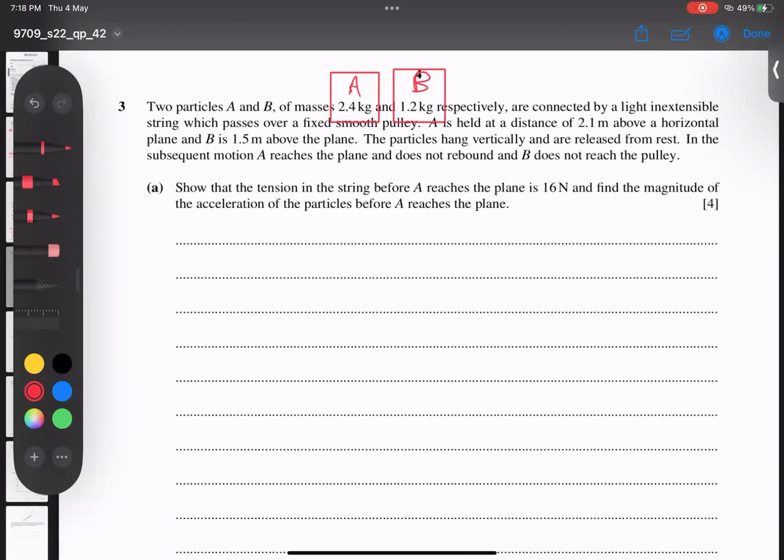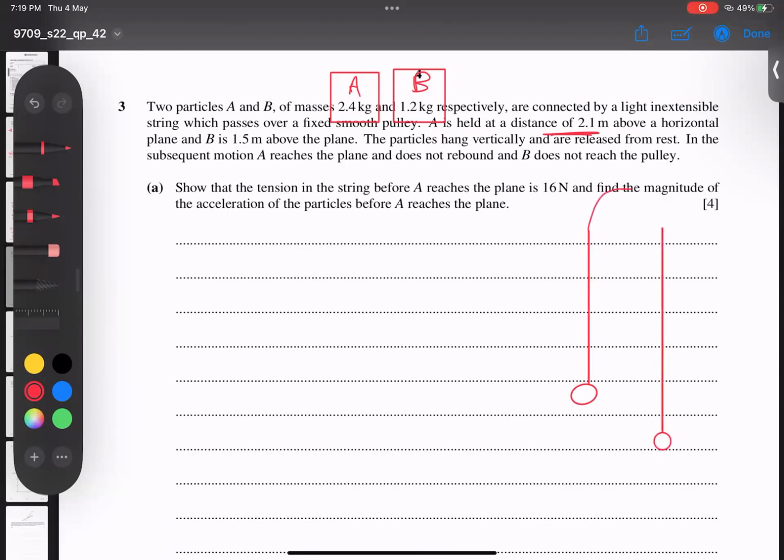Particle A is held 2.1 meters above the horizontal, so 2.1 above the ground, and particle B is 1.5 above the ground. It means A is higher, and B is not that high. Just for example, I show you.